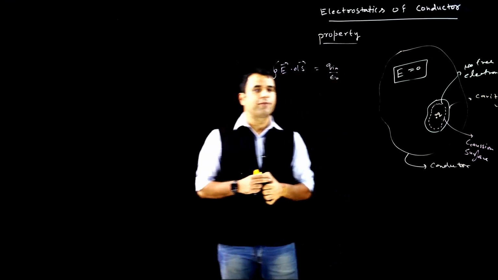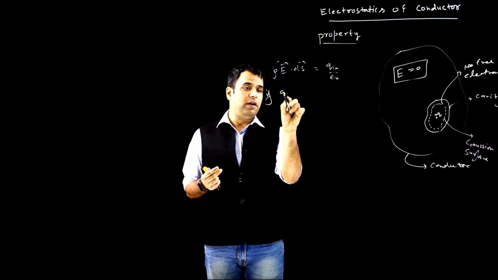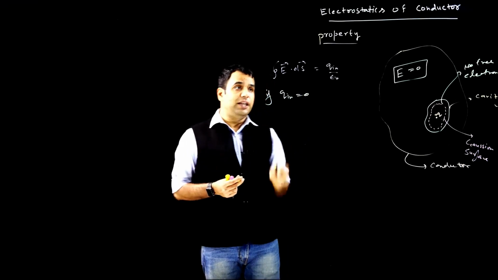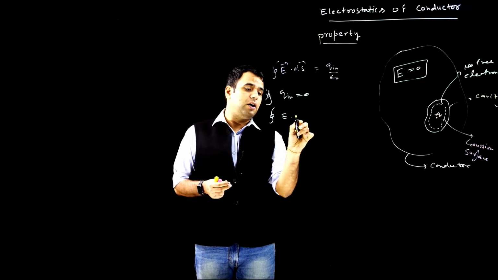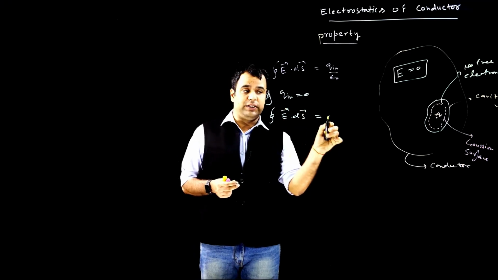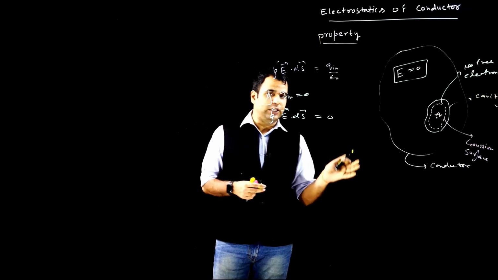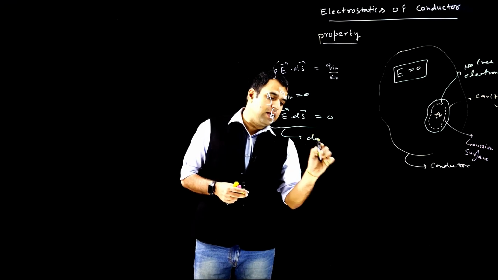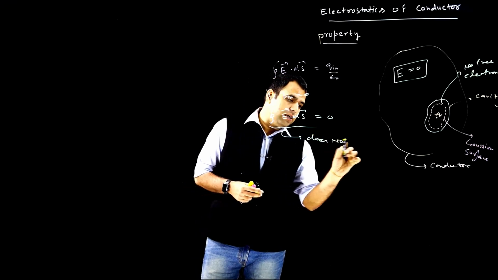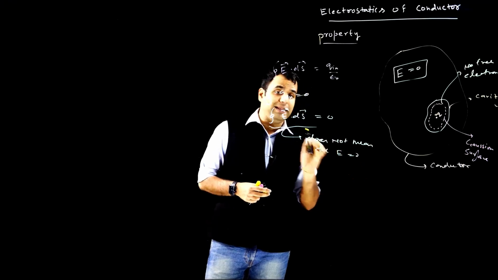If q in is 0, in that case I can say that this E dot ds will be 0. But I cannot say that this means E is 0.